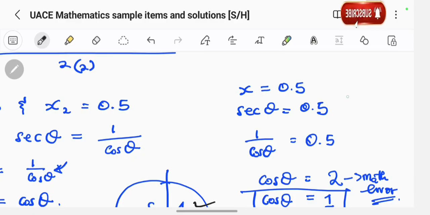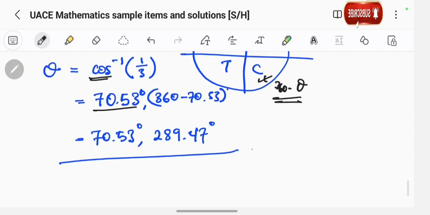We shall only settle with these two as our values that are needed.